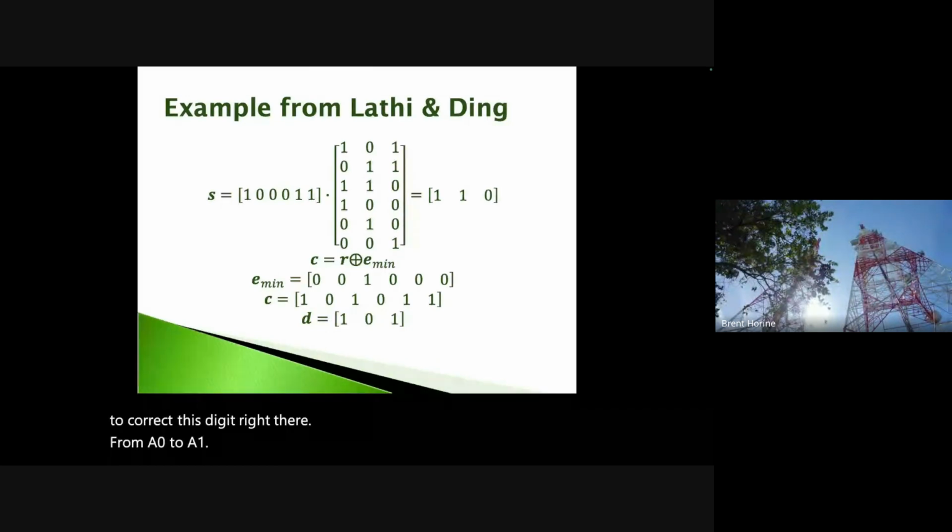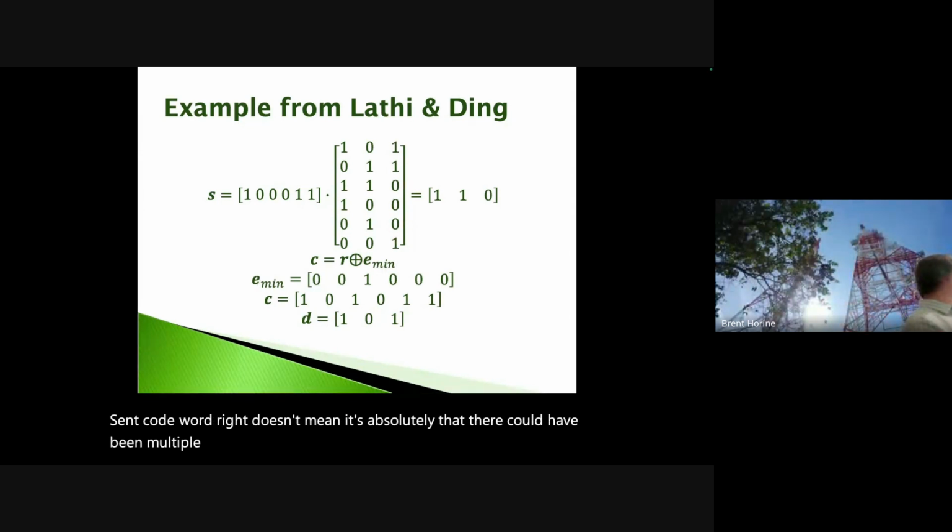And then so on, it's 0, 1, and 1. So this is the most likely sent code word. Doesn't mean it's absolutely that. There could have been multiple errors, which would have corresponded to a different error vector.